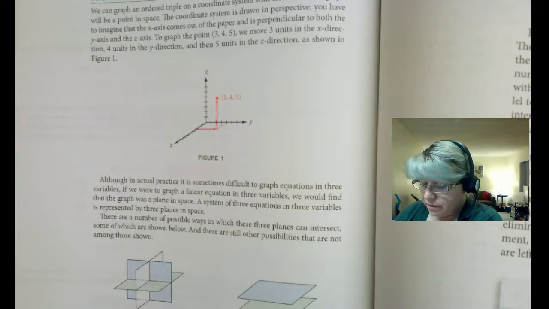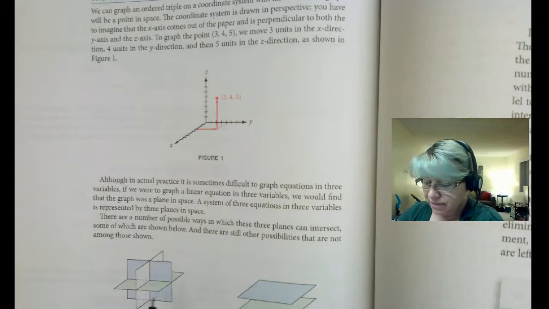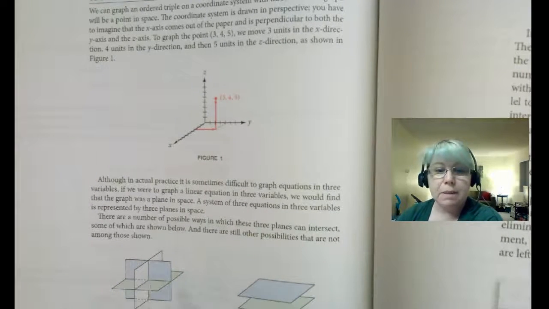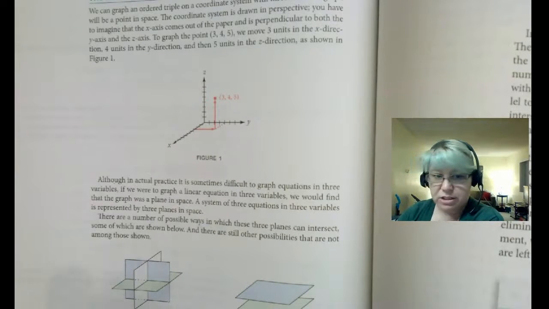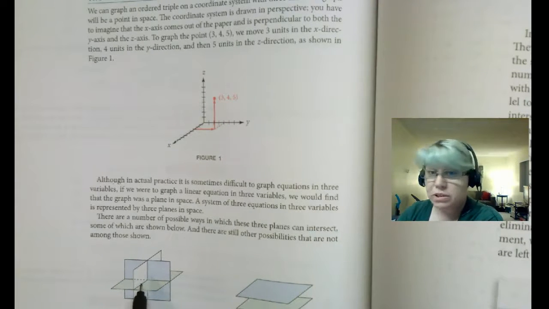When we have these 3 sheets, these planes, when they intersect, at the very point that they intersect, all 3 of them, you have an up and down, side to side, and then the other direction, like the width direction. That point in the very middle, that's what we're solving for. We're looking for where all 3 of those planes cross at the very same time.